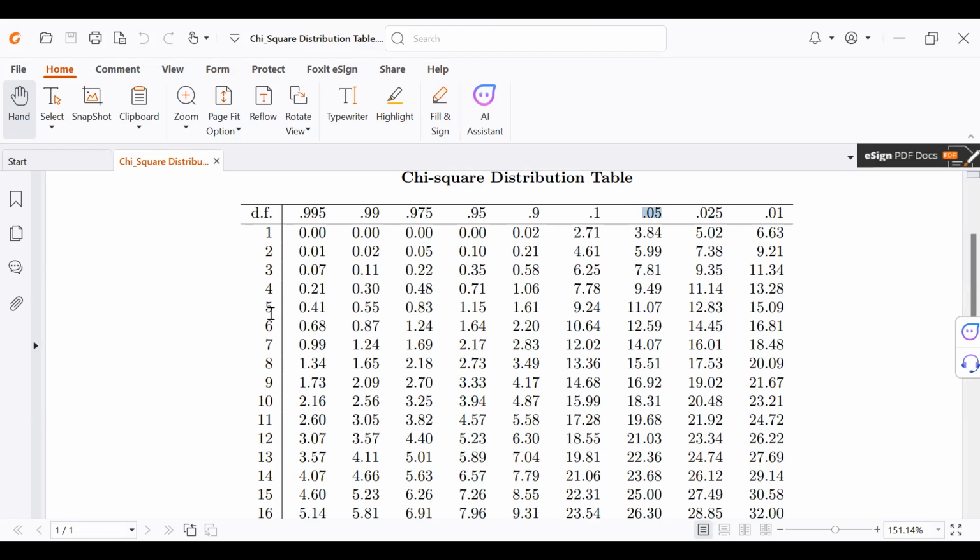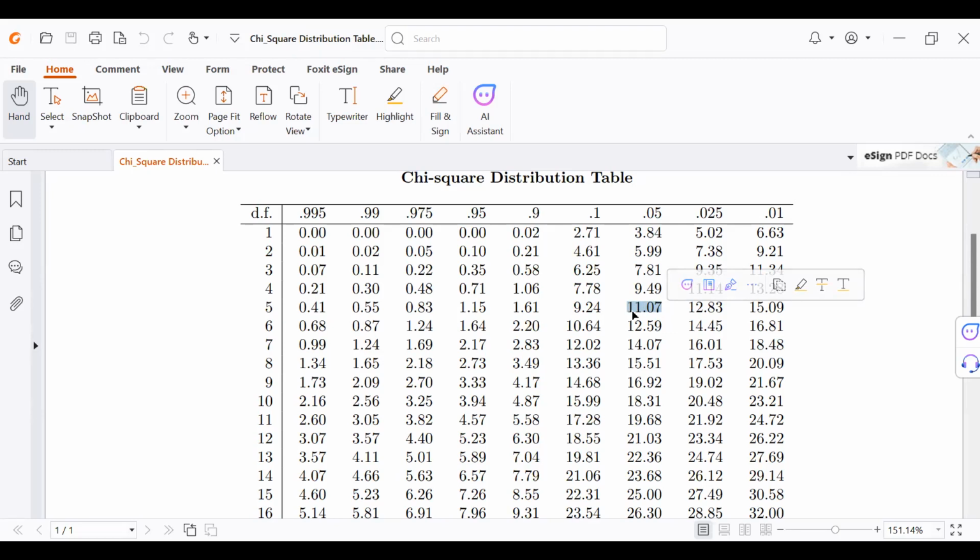If you read the 5th degree of freedom, you see that we have 11.07. Can you see it?